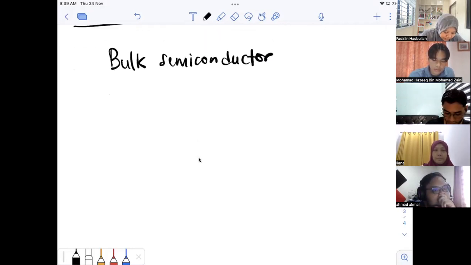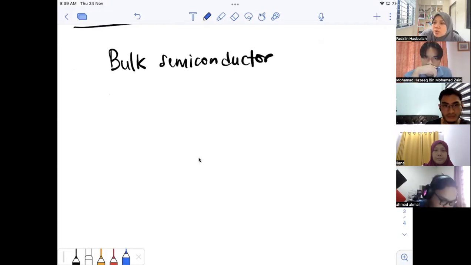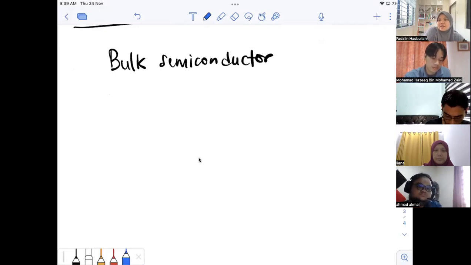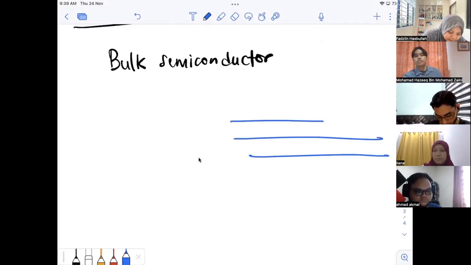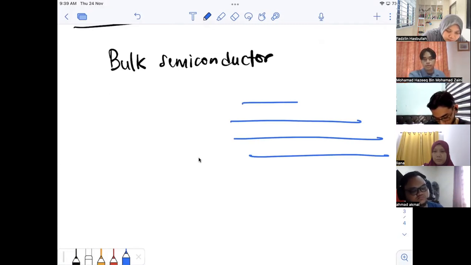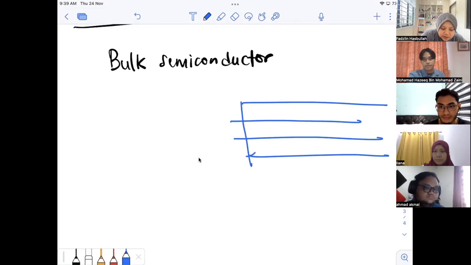Remember, I told you before in the class that when we grow our semiconductor, we do epitaxial layer and layer macam kuih lapis, layer by layer. So if each layer here is like 1 micron or more, bigger than 1 micrometer, this is called bulk.